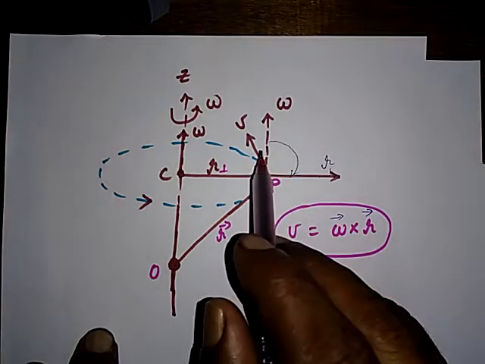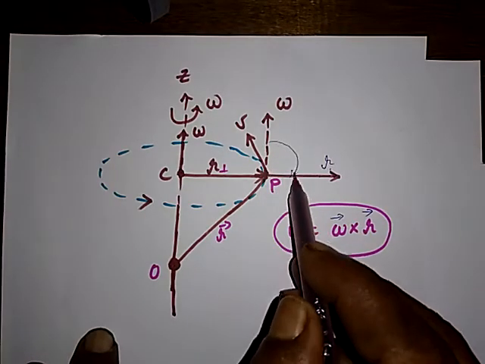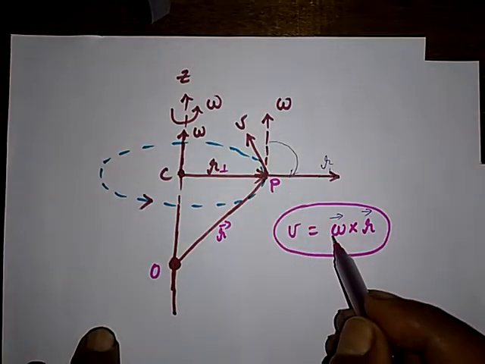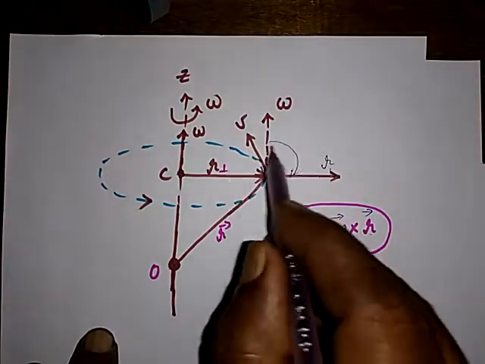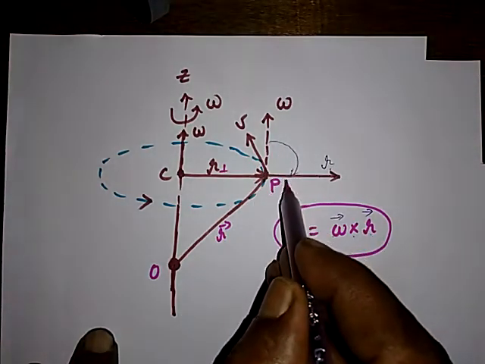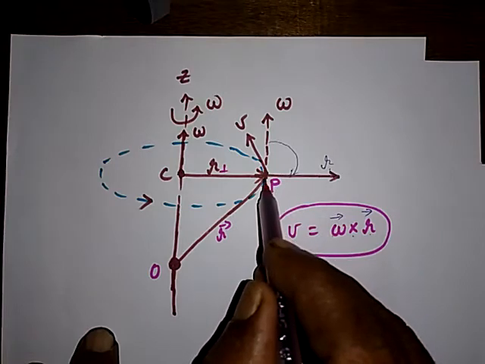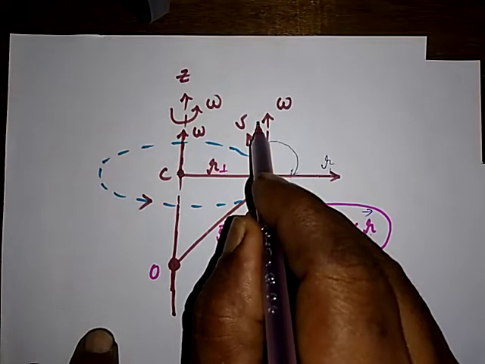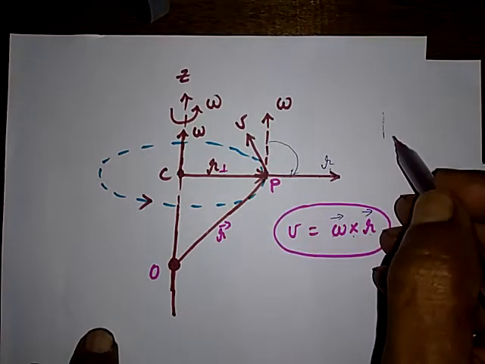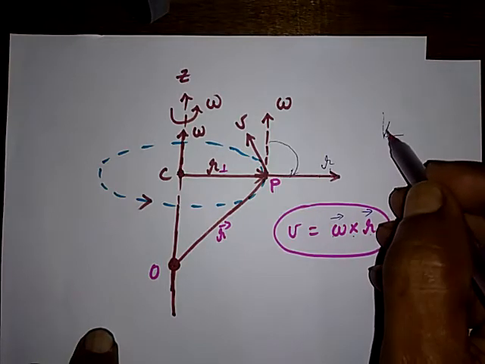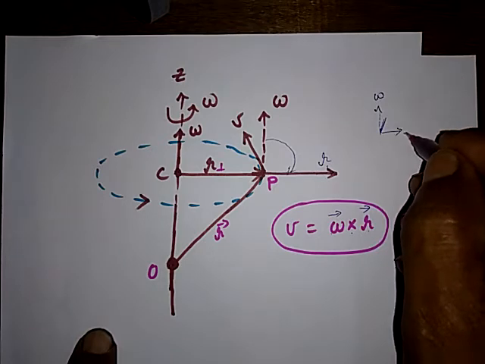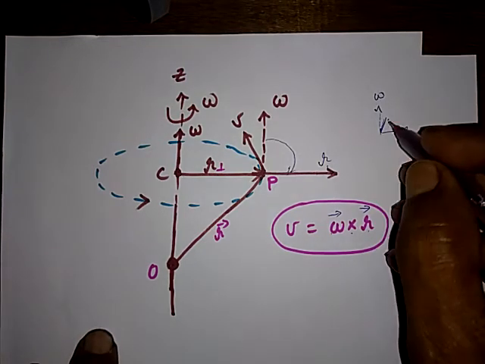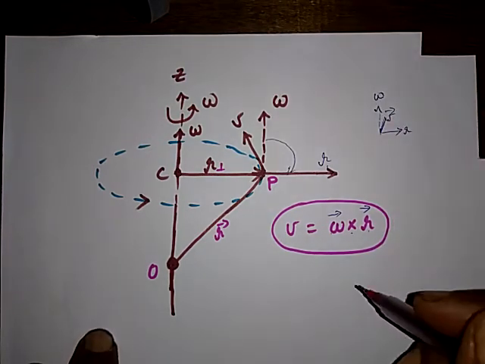So omega is in this direction, r in this direction, and the resultant linear velocity will be in this direction.